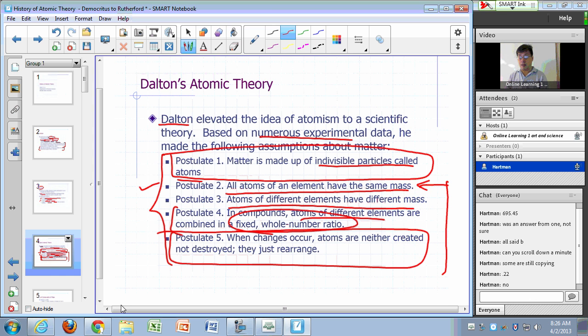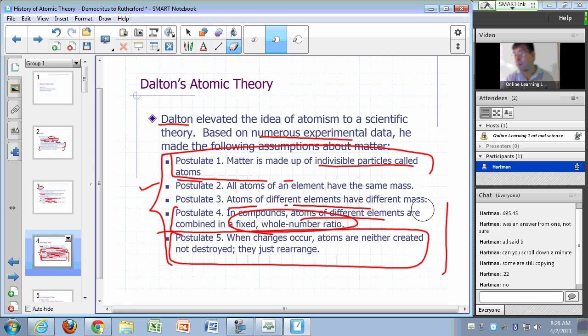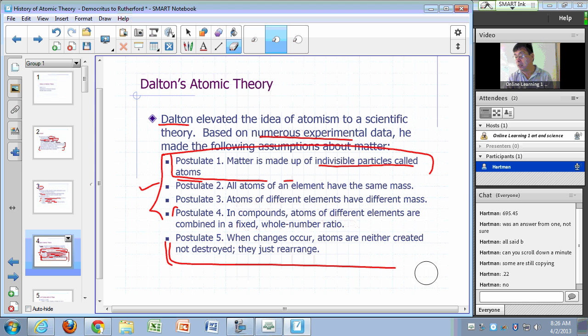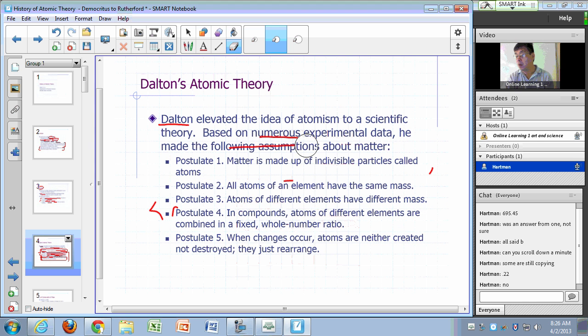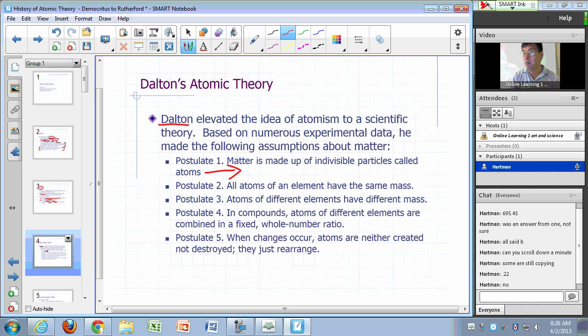As we can see, which of these postulates are no longer valid? Postulate number 1 we now know is no longer valid. What's the modern interpretation of atoms? What Dalton called atoms, we eventually figured out based on later experiments, are actually made up of even smaller subatomic particles: the protons, neutrons and electrons.